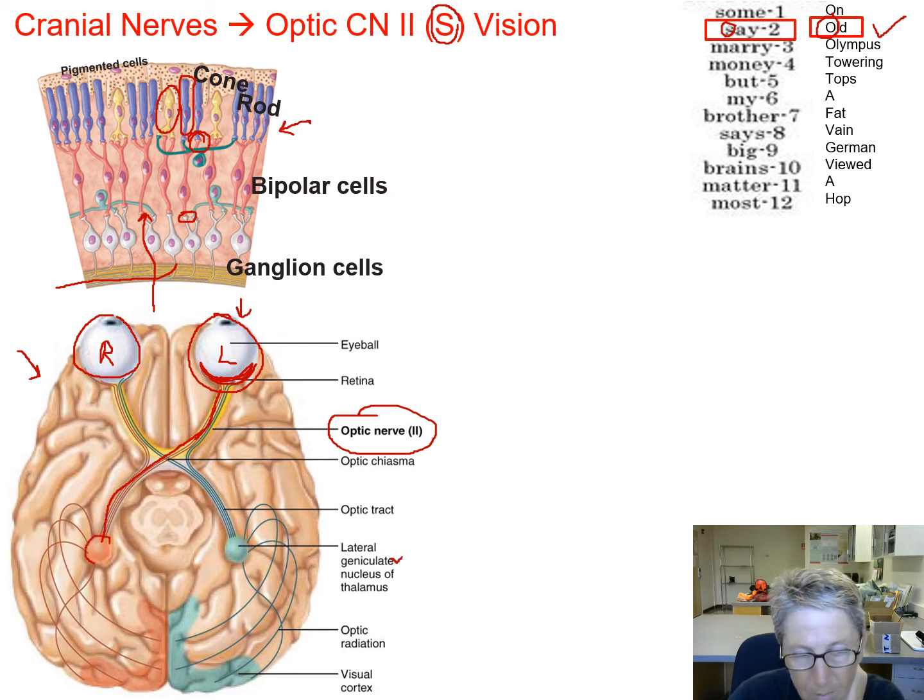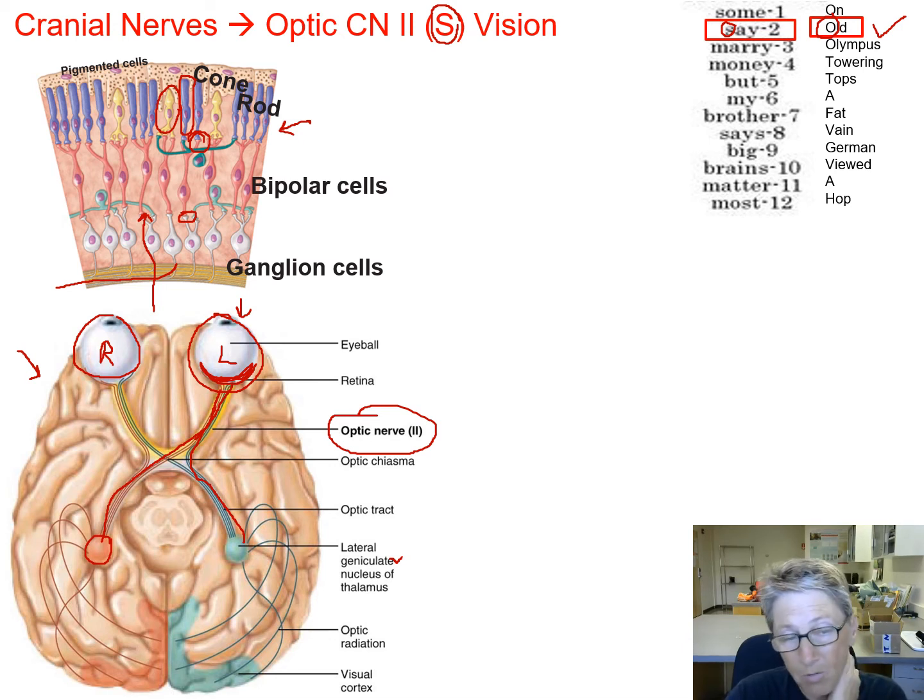So here's the thalamus, the nucleus of the thalamus. But then look at these green axons from the ganglion cells. They don't cross over, but they do go to the same nucleus, a lateral geniculate nucleus that lives in the thalamus. And then the right eyeball does the same thing.